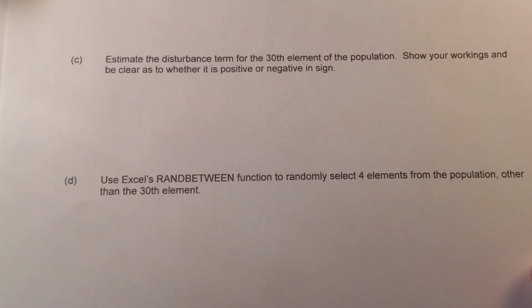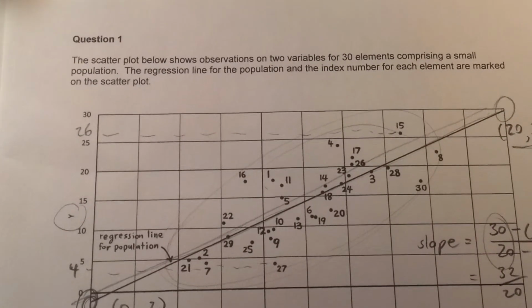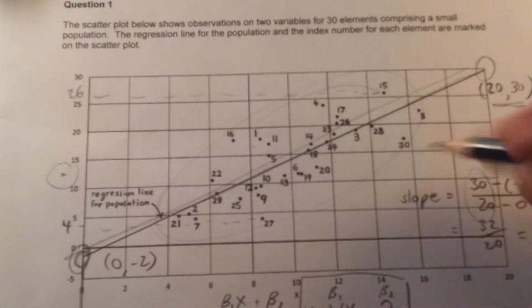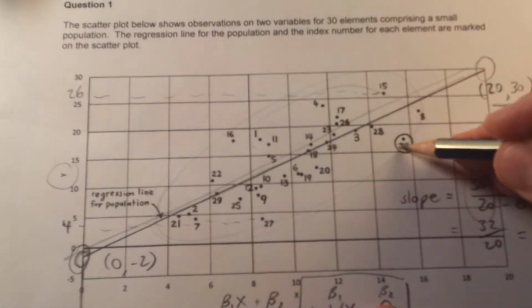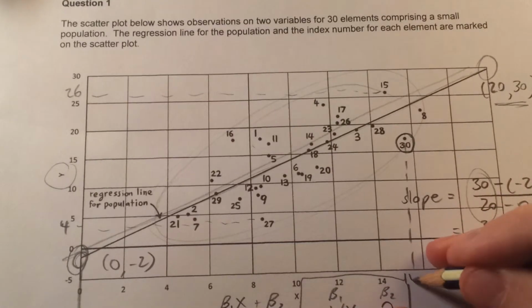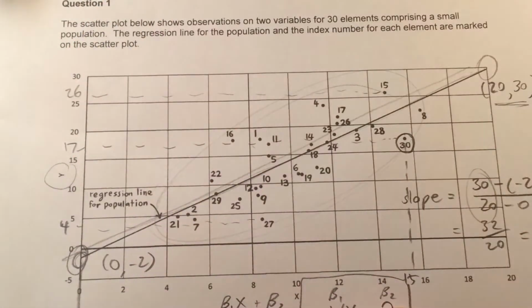Right. Part C then. Says estimate the disturbance term for the 30th element of the population. Back to our graph. Here is the 30th element, down here, so it's x is about 15 and y looks to be about 17.